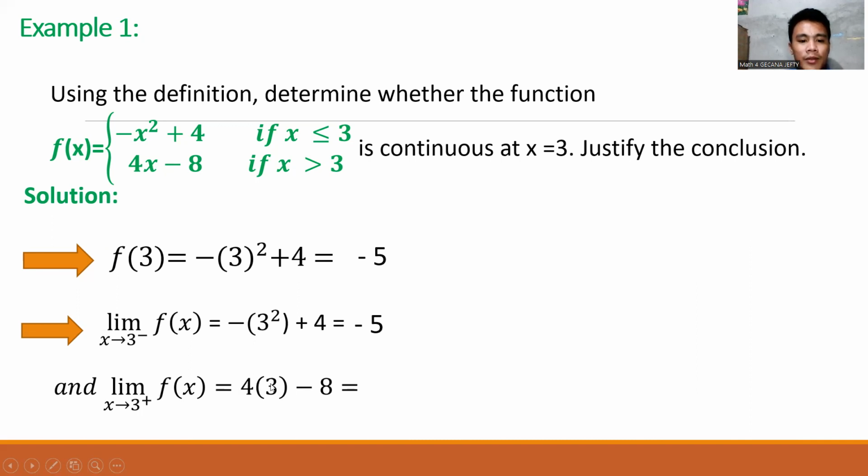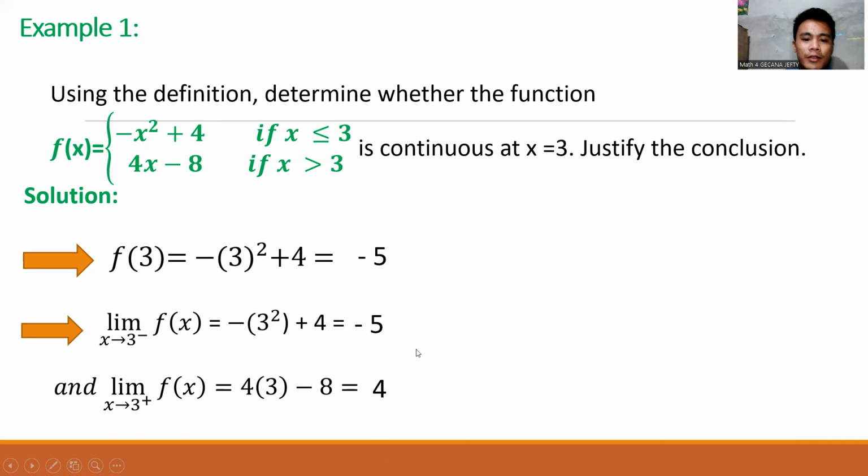So we substitute 3 for x: 4 times 3 minus 8 is equal to 4. As we can see, the limit from the right and the limit from the left are not equal. So our limit does not exist.